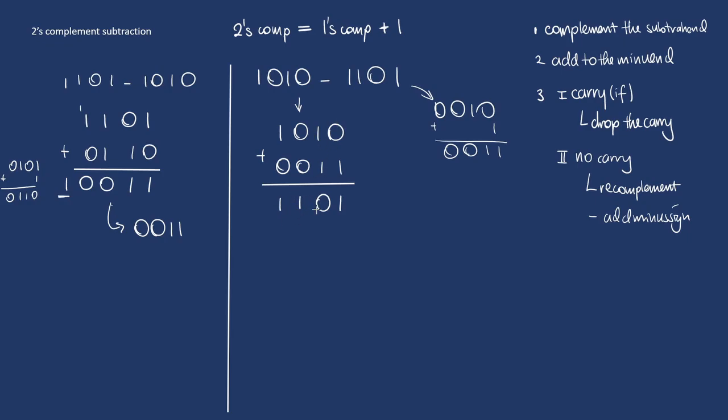Okay. There is no carry, so we have to recomplement. To recomplement, remember you have to subtract 1 before you take the 1's complement. So that means I'm going to recomplement 1100 minus 1, since I'm dealing with 2's complements. So recomplementing this, that now becomes 0011 in base 2 with a minus sign.